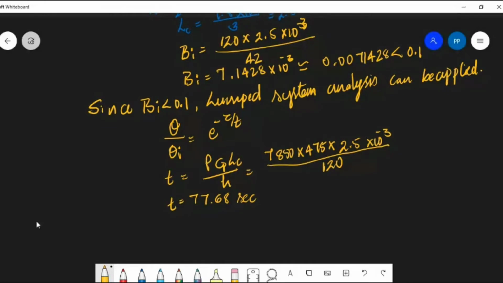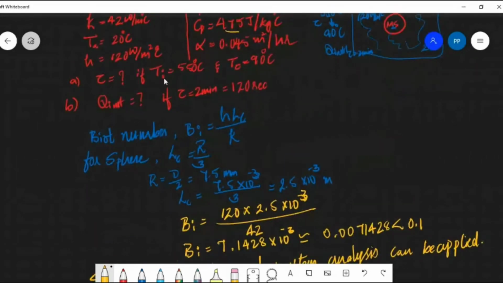Now let us solve for case A. We need to find out tau. Ti is 550 degrees Celsius and T tau is 90 degrees Celsius. That is the condition.